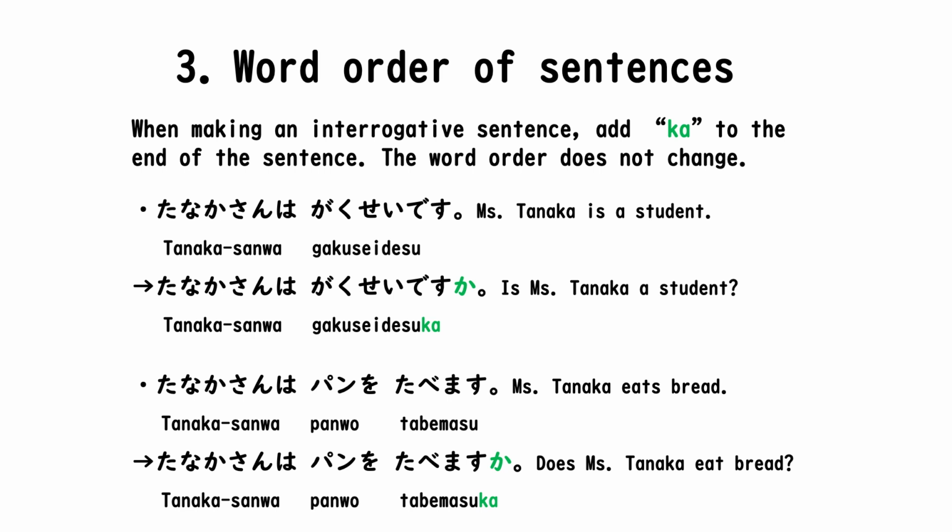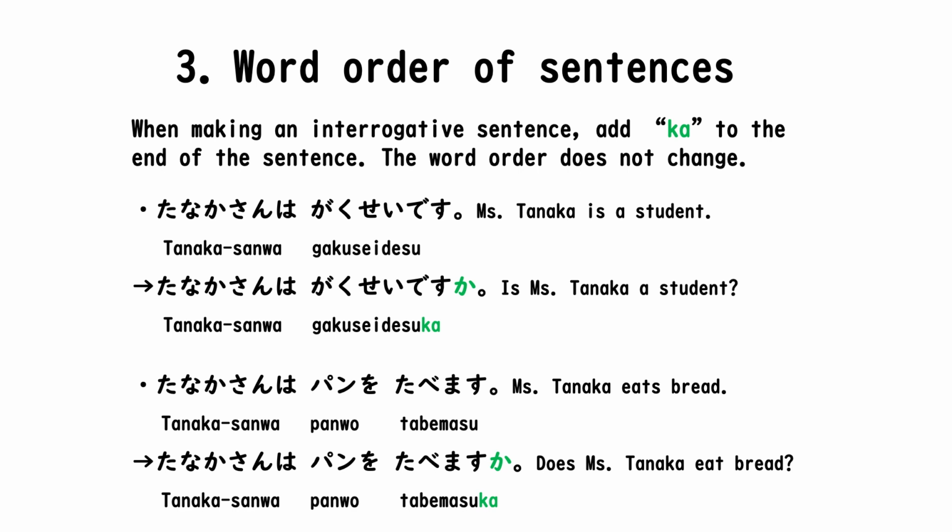This is a noun sentence. In the sentence, 田中さんは学生です。Miss Tanaka is a student. Add ka at the end of the sentence to say, 田中さんは学生ですか? Is Miss Tanaka a student?